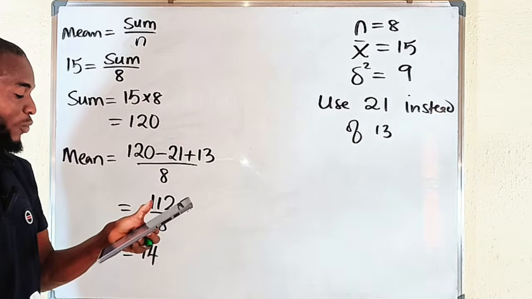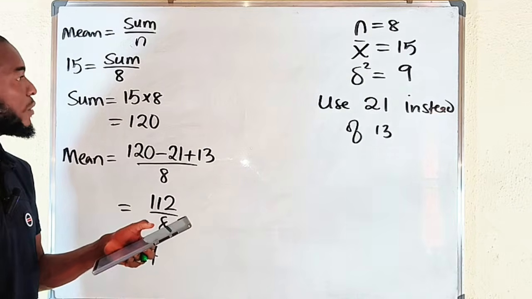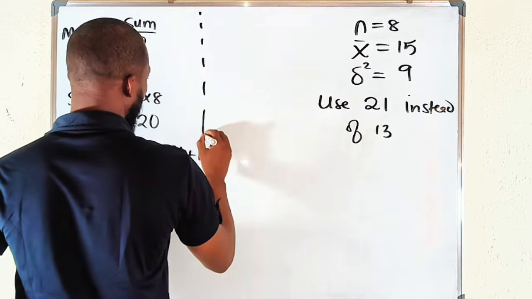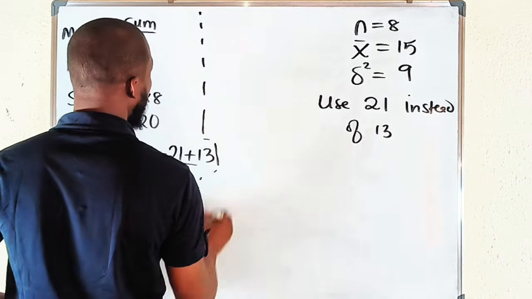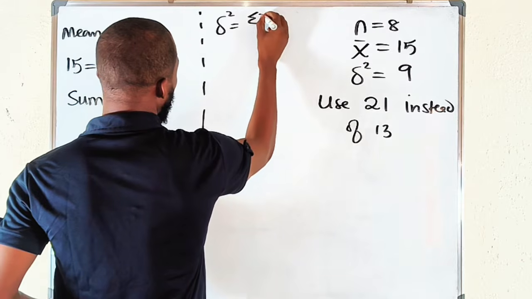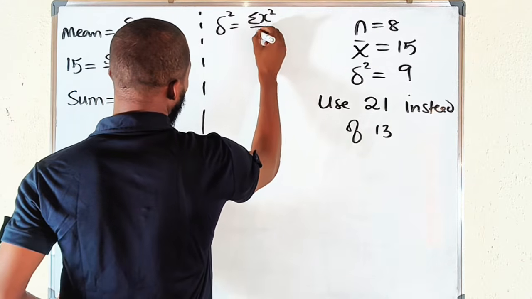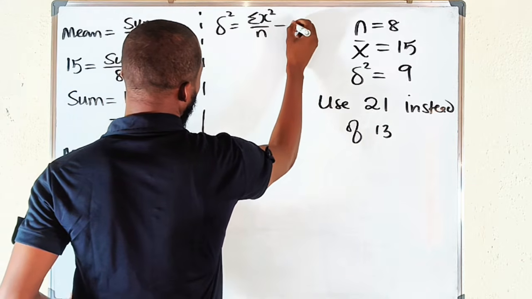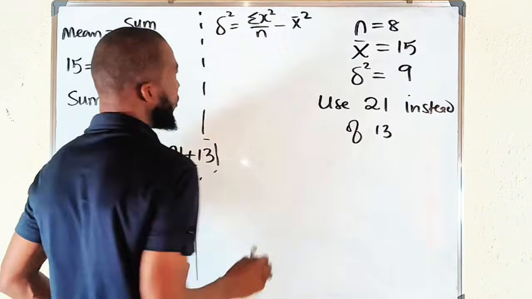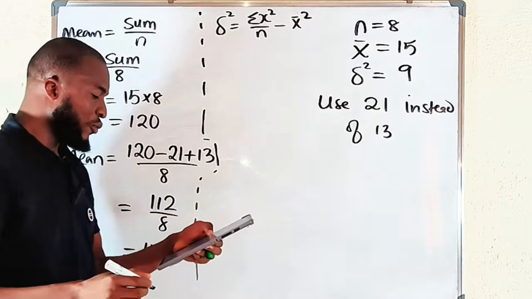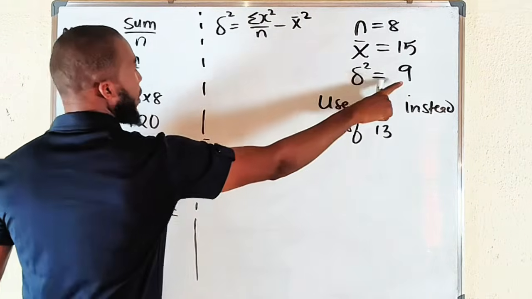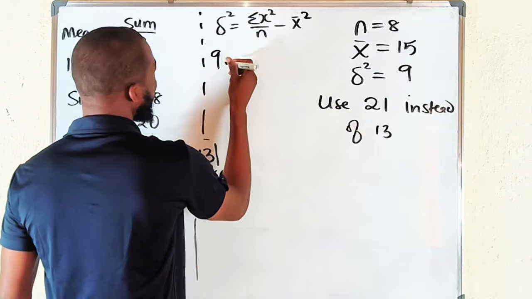Yes. So now going to the variance, let's use the formula. The variance is equal to the summation of all the x squared divided by n, then minus the mean squared. So this is the formula we are going to use. Starting with the wrong information, the variance is 9.